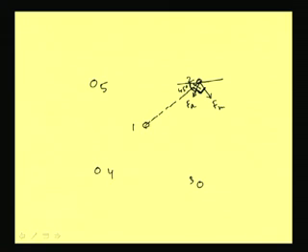This side is 60 mm, and this is 50 mm. So, if I consider this angle as beta, then beta will be tan inverse 50 by 60.